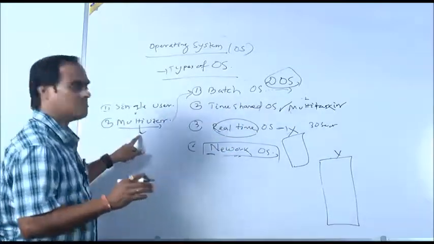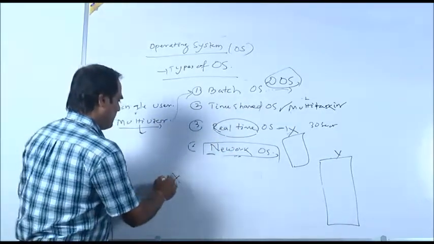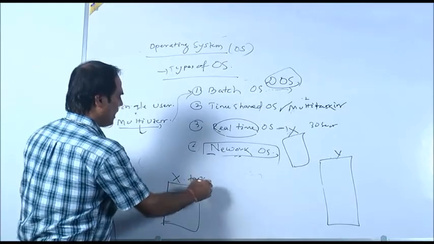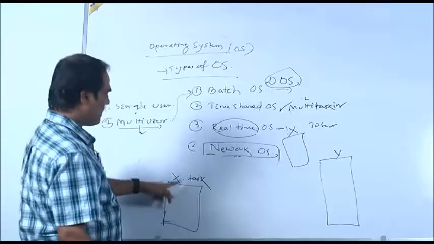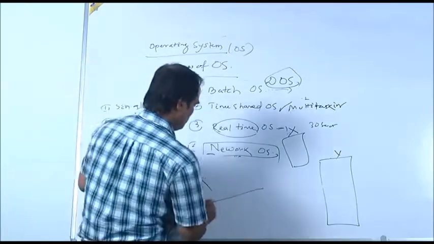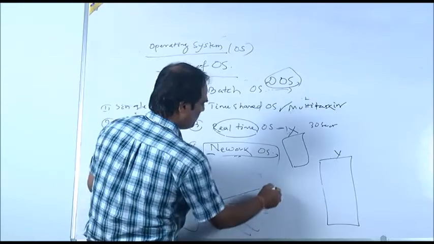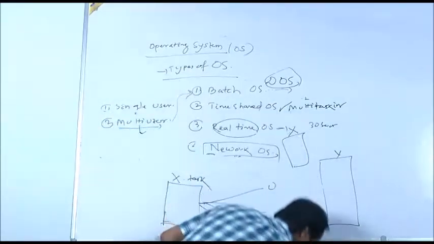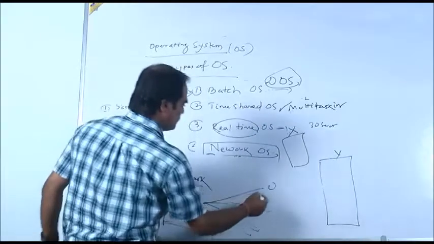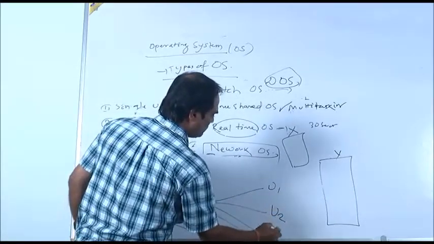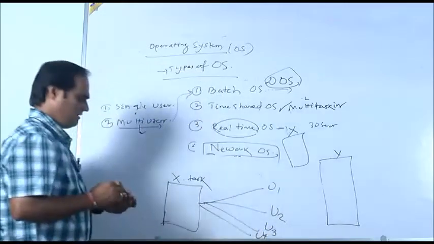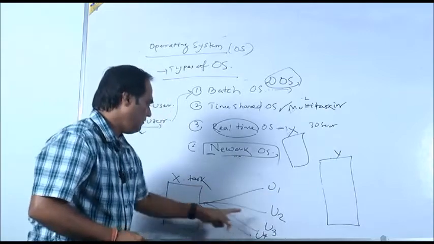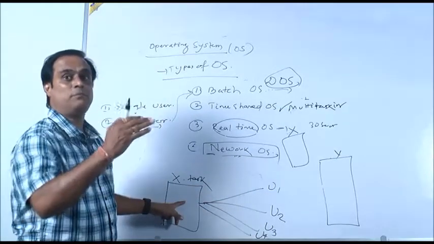That we can say is the multi user environment. Let x be the task. So, how can task x be used by multiple users, let it be u1, u2, u3 and u4?